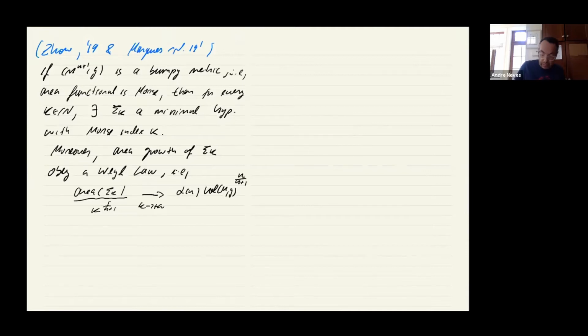But the point is that this is universal. It just depends on the dimension, similar to what obtains in the Weyl law.